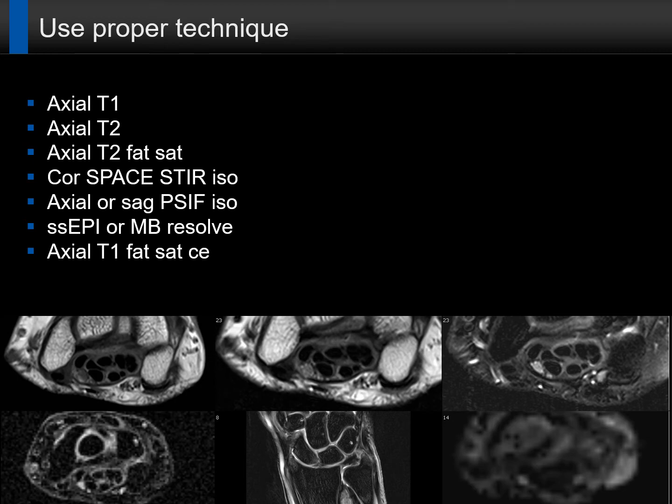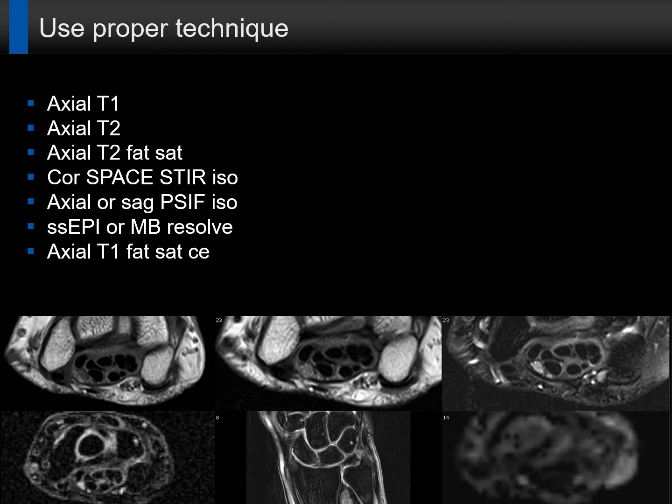So first conclusion, use proper technique. Standard sequences turned out to be really very helpful. I always recommend that you go transaxial to the length of the nerve, so that you have a nice cross-section image of the nerves in the periphery especially.